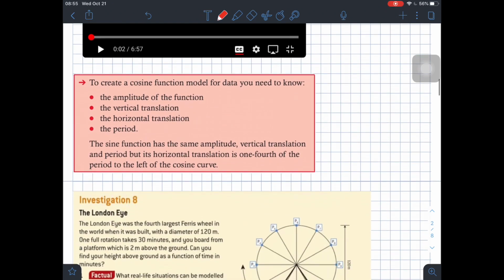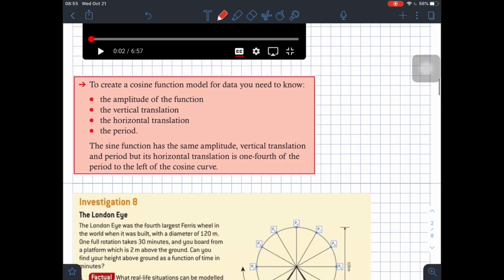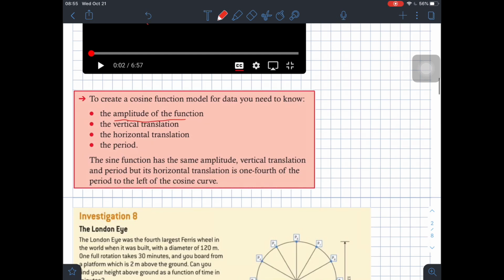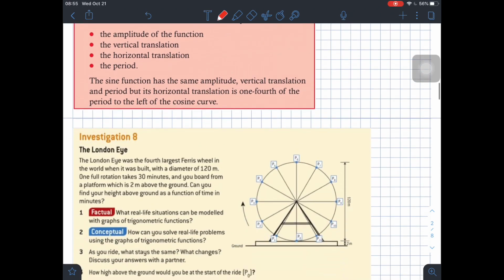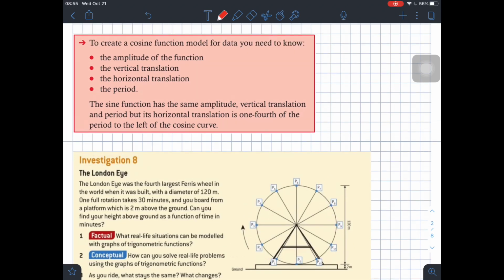Then it says, to create a cosine function model for data, you need to know either cosine or sine, either one. You need to know the amplitude of the function, you need to know the vertical translation, the horizontal translation, and the period. So these are things that you already know from the previous class. Then it says, the sine function has the same amplitude, vertical translation, and period, but its horizontal translation is 1/4 of the period to the left of the cosine curve.